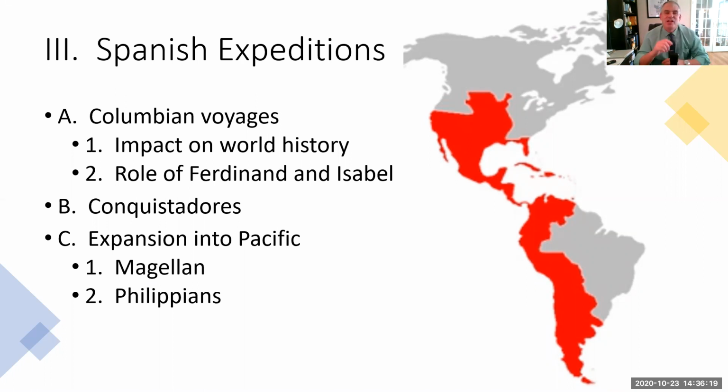Some people say Magellan got caught up in a war with natives on an island that they landed on in the Pacific, and during this battle, he was killed. Others say that his crew was just so sick of him, they just dropped him off at an island and left him there to die. Either way, Magellan doesn't make it all the way back. We often say that the Magellan expeditions are the ones that made it around the globe for the first time.